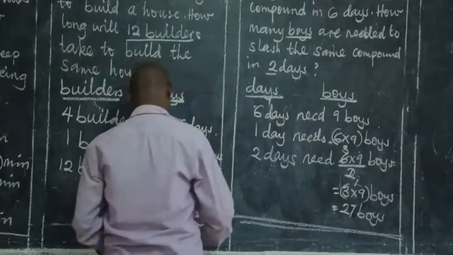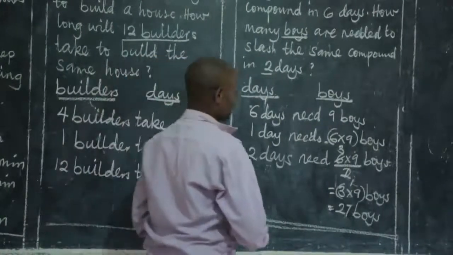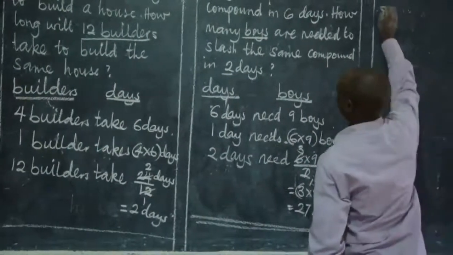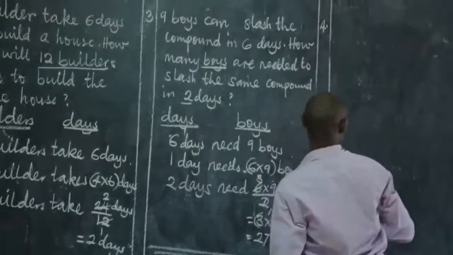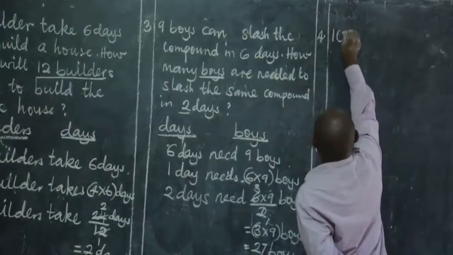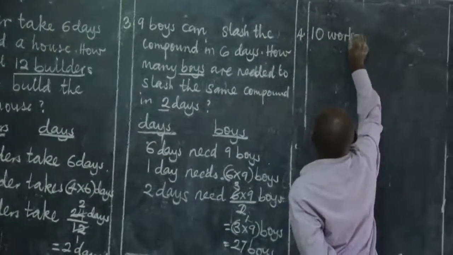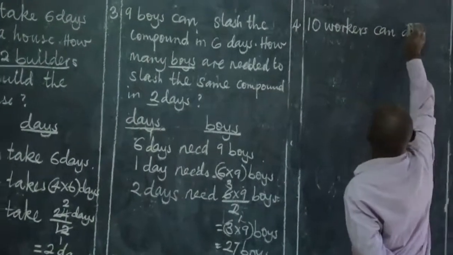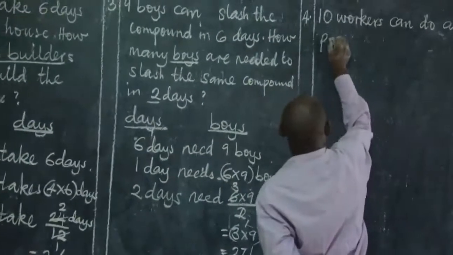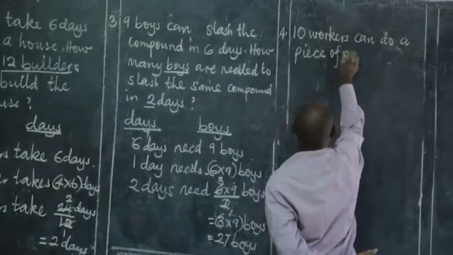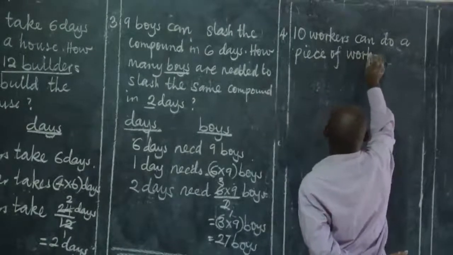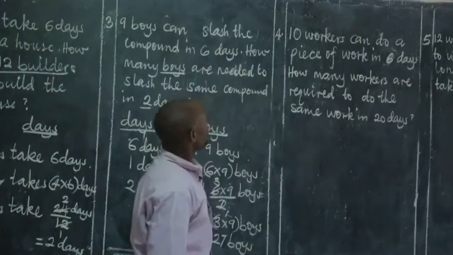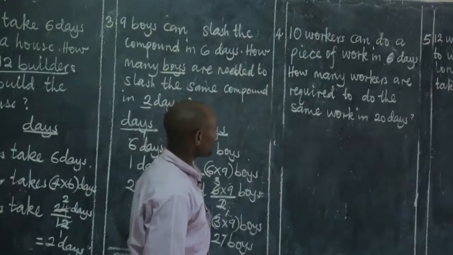Okay, let's look at another example. Another example, we are saying 10 workers can do a piece of work in 6 days.